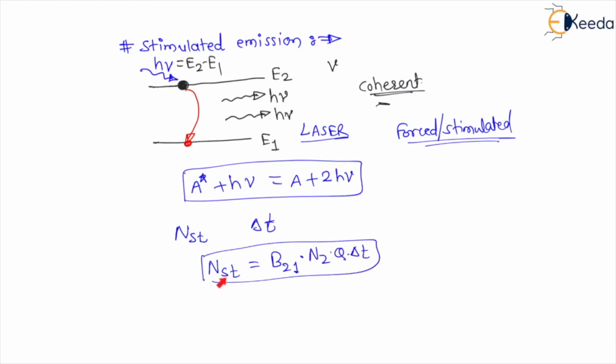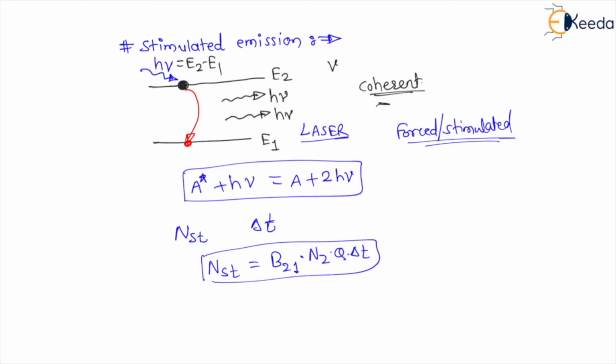Now this NST is nothing but the number of stimulated transmissions occurring in a material during time del T. Now B221 is the probability of stimulated emission. N2 and Q and del T we have already seen in previous lectures, right? N2 is the number of atoms at energy level E2, that we have already seen, right?